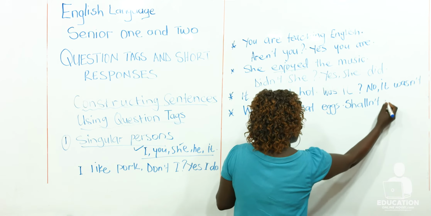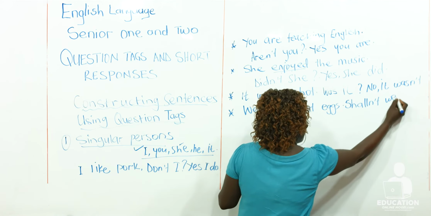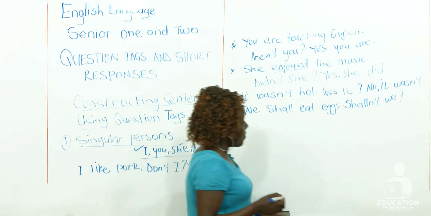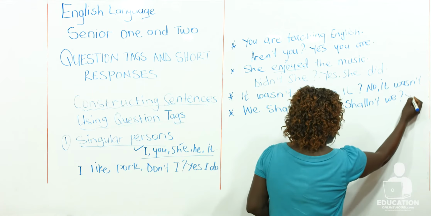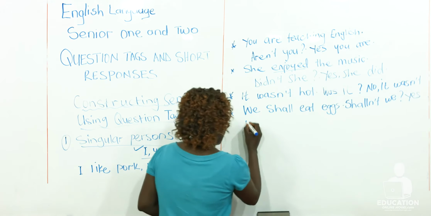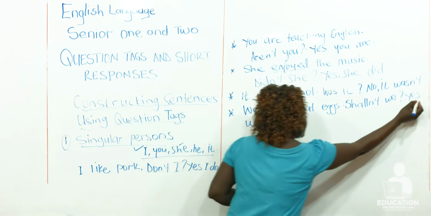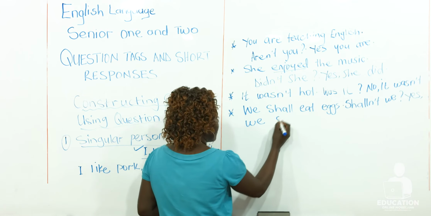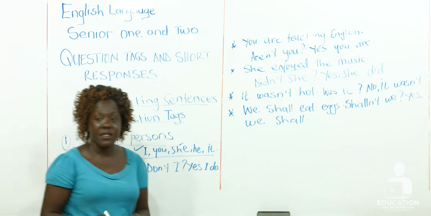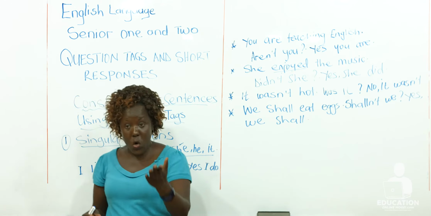Meaning, shall we not? But you write it in the short form. Then you can come and put the positive response: "Yes, we shall." Right, that is it. That's the way to go.